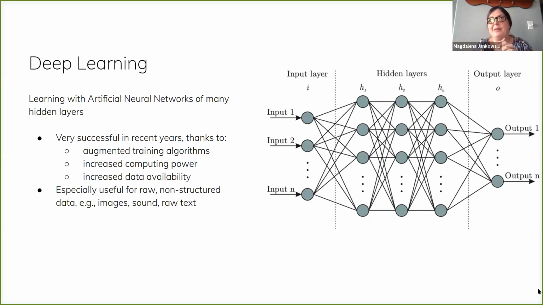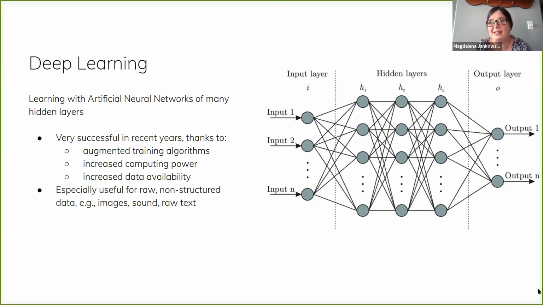And they became extremely successful in many problems, especially complex problems, and especially problems that have raw, unstructured data, such as images, sound, raw text. And there are many reasons why, after so many decades since the first neural network was proposed, they are now so successful.